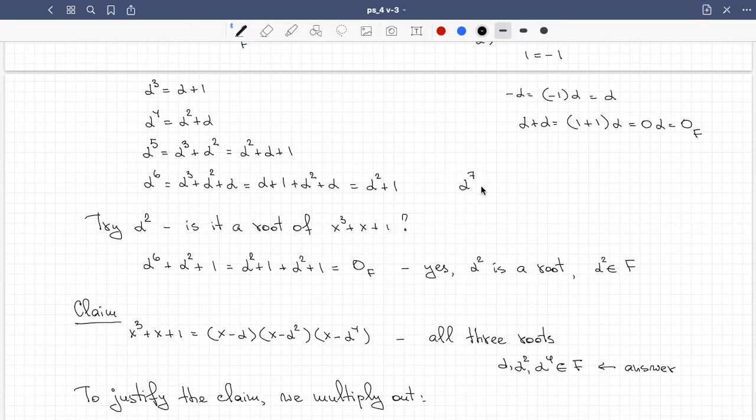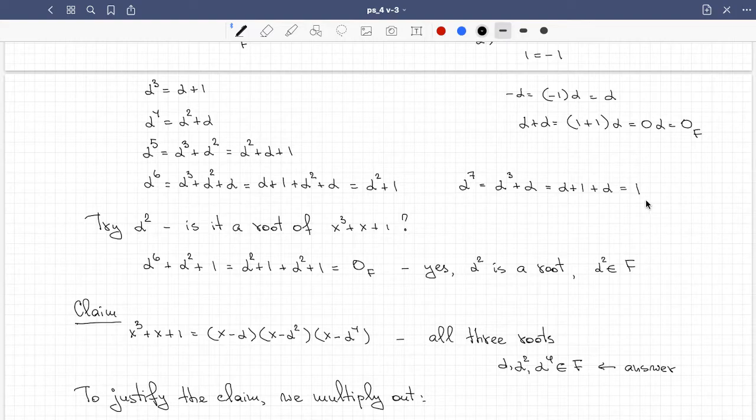We need it. Alpha to the 7 is alpha cube plus alpha. Alpha cube is alpha plus 1 here, plus alpha. Alpha plus alpha is 0, and we are left with 1.